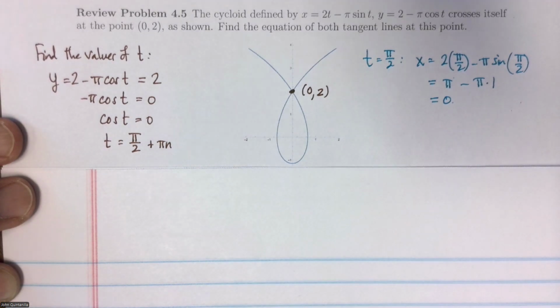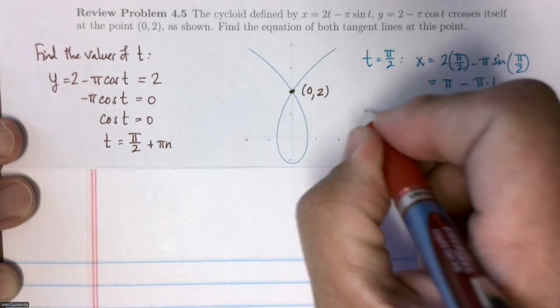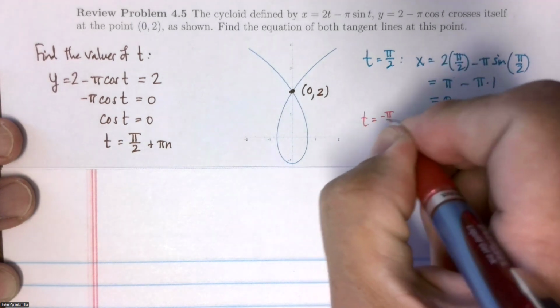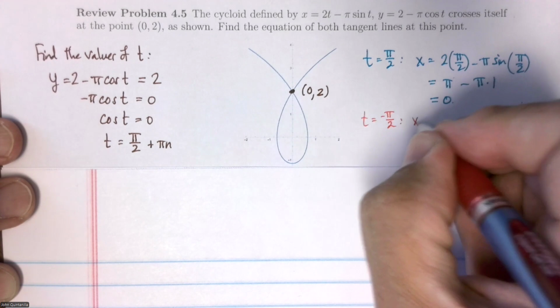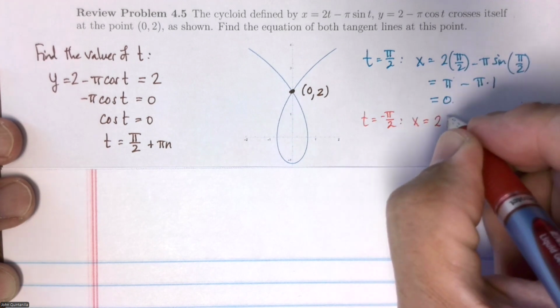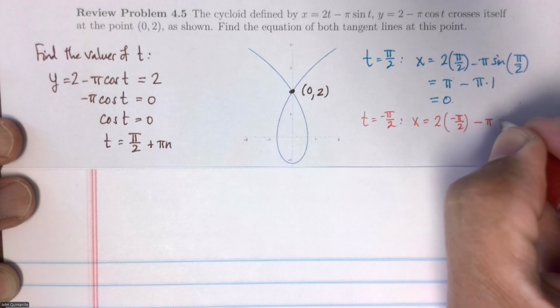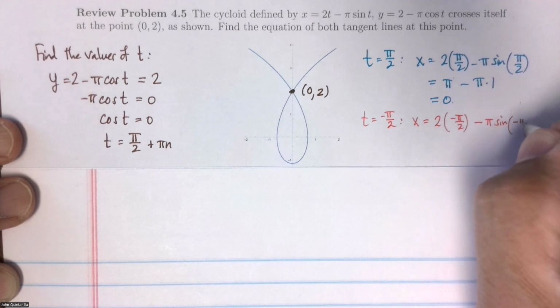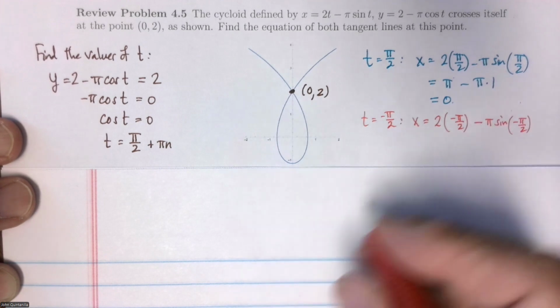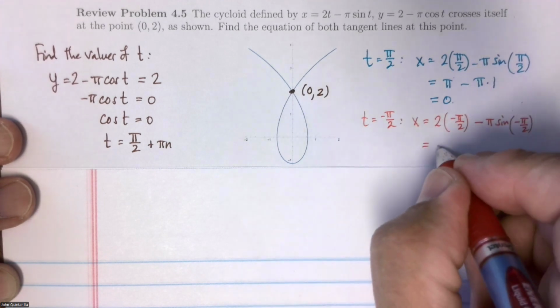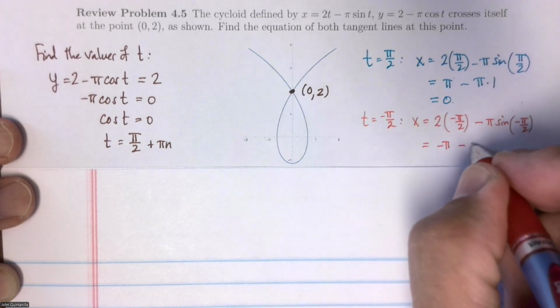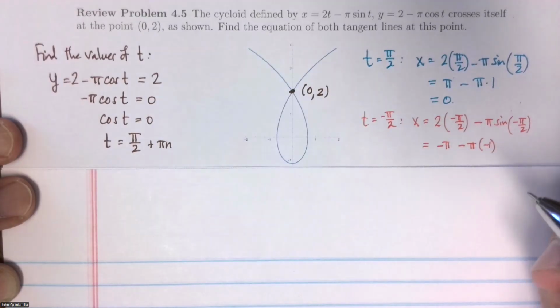The other place that this happens is going to be when t is equal to negative pi over 2. If t is equal to negative pi over 2, I get 2 times negative pi over 2 minus pi times the sine of negative pi over 2. So here I would get negative pi minus pi times negative 1.